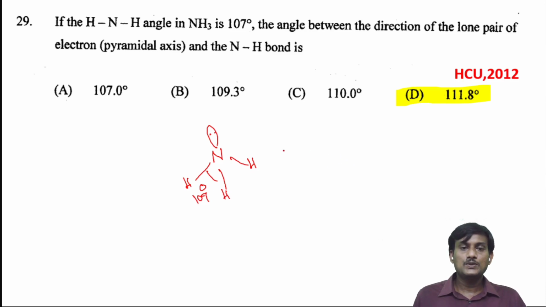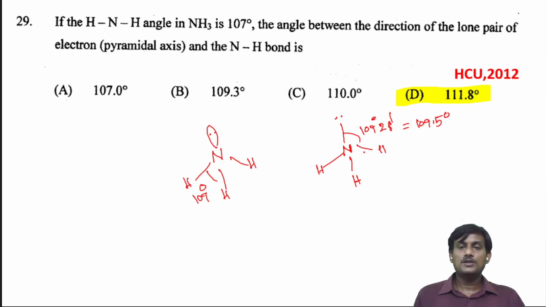Suppose there is no deviation in the angle, let's take all the angles are equal. Then the angle will be 109 degrees 28 minutes, which is equal to 109.5 degrees. Okay, if there is no deviation.